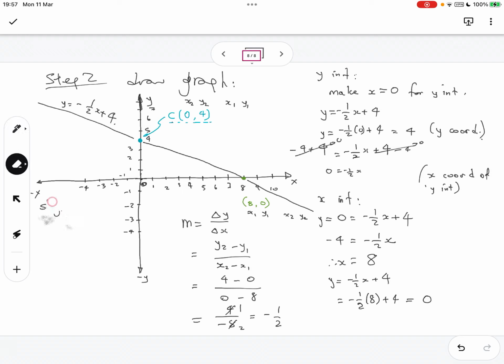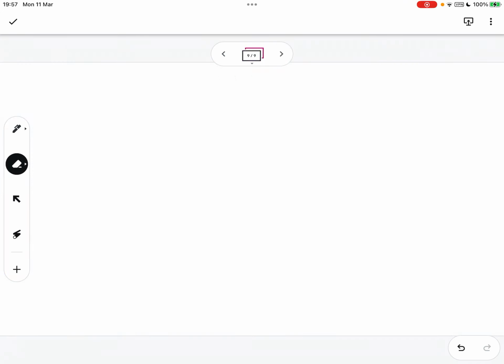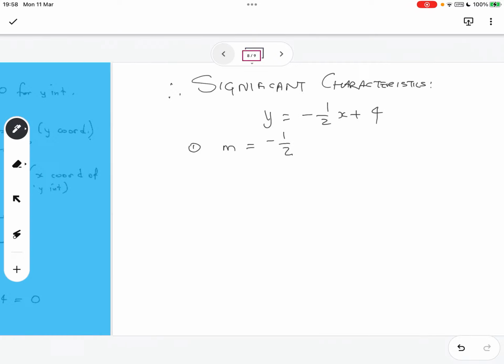Let me not be lazy and open a new page. So now, therefore, the significant characteristics of this graph, of y equals negative a half x plus 4, are that, number 1, the gradient is negative a half.